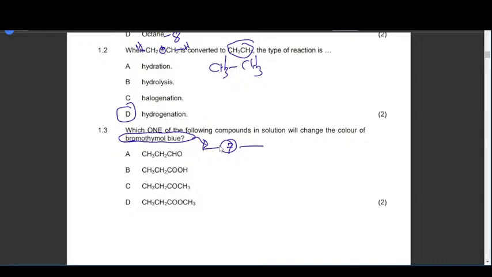So if you look at this one, no. This one is acidic. This one, no. This one, no. So the answer is going to become this.